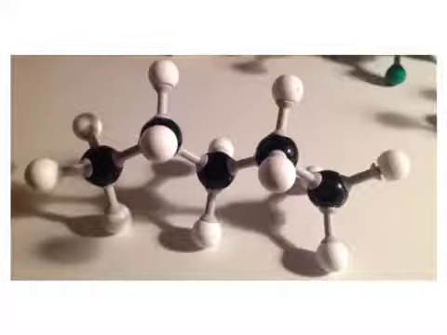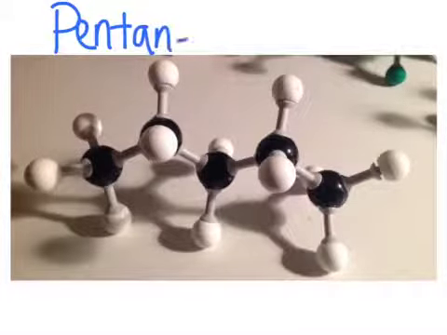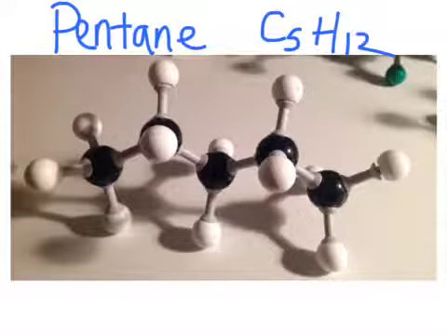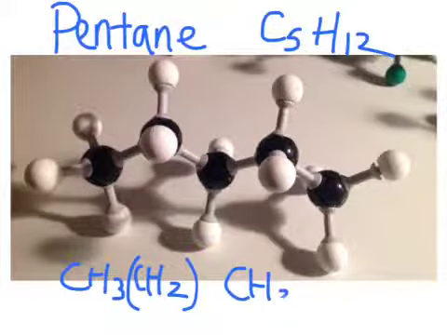Okay, next one. 1, 2, 3, 4, 5 carbons. So that's C5. 5 carbons is pent. So this molecule is going to be called pentane. And it's going to have the formula C5H12. And its structural formula, condensed, CH3, CH2. We can condense it even more actually, because there's going to be 5 carbons.